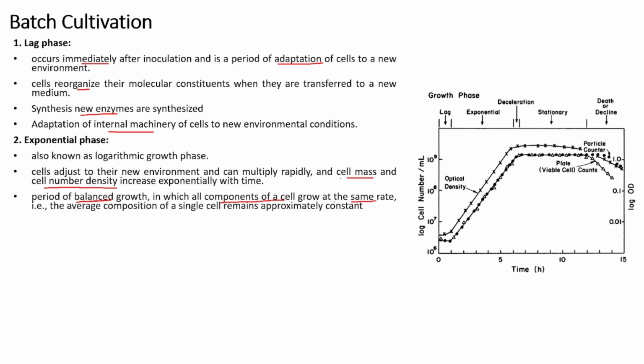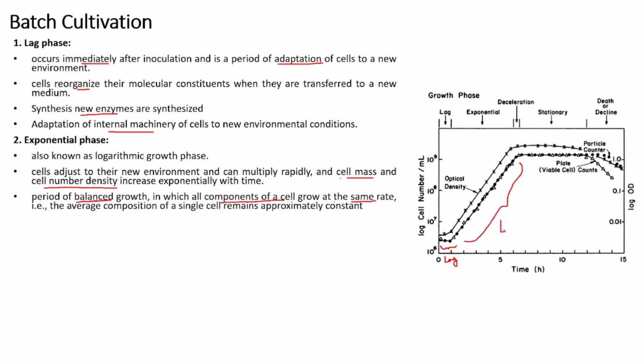So on the right hand side, if you observe closely, this is a typical growth curve. So from here to here, this is called as a lag phase, during which the cells adapt to the new environment. Okay, so after lag phase comes the exponential phase. So this straight portion that you will notice, this is the exponential phase.